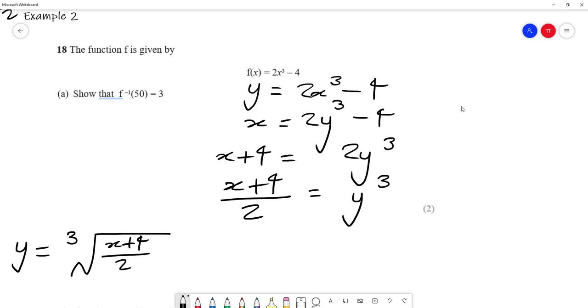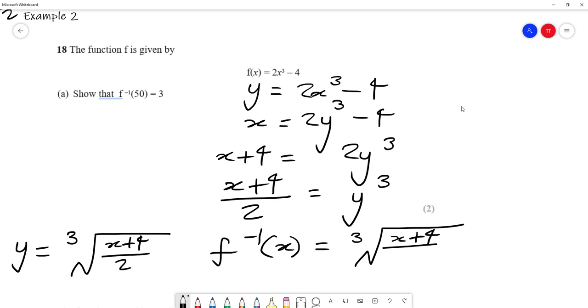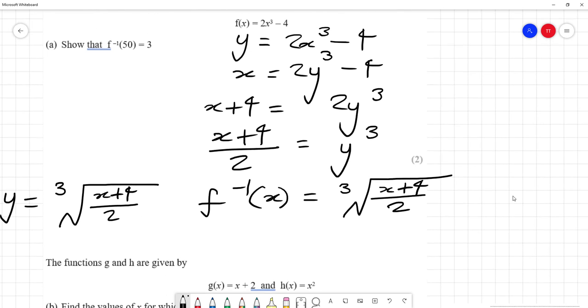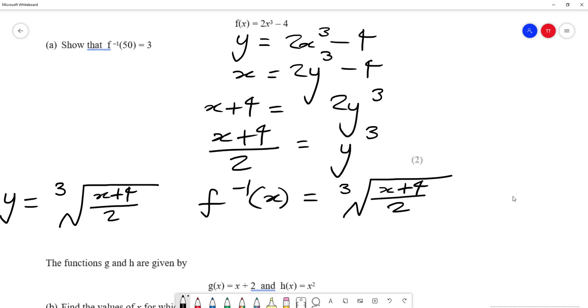So we say y equals the cube root of (x plus 4) divided by 2. And then we can say that the inverse function of f is going to be the cube root of (x plus 4) divided by 2. Now they also say show that the inverse function of f when you substitute 50 gives me a result of 3. So let's do that then. I've got my inverse function. I'm going to substitute 50 into that.